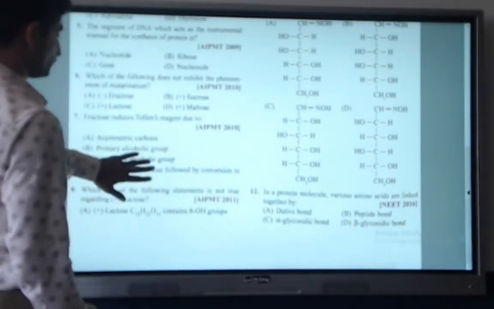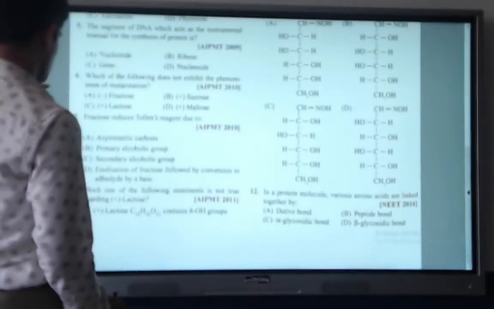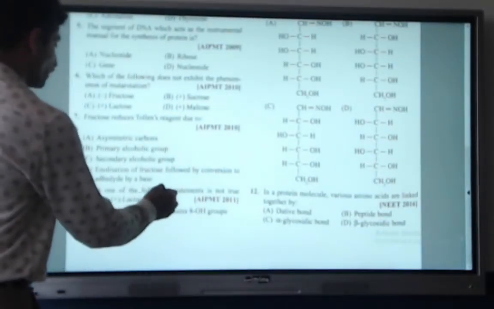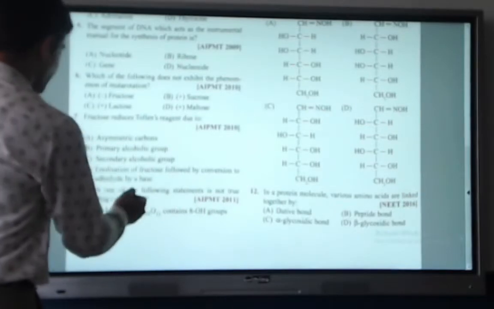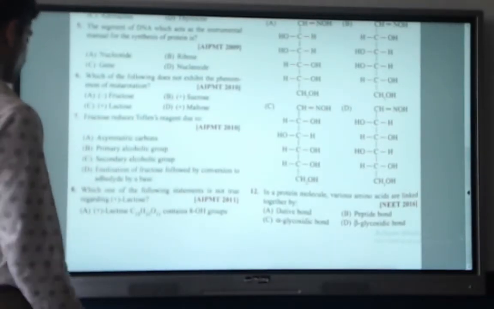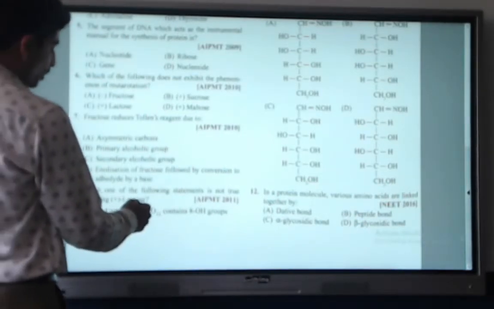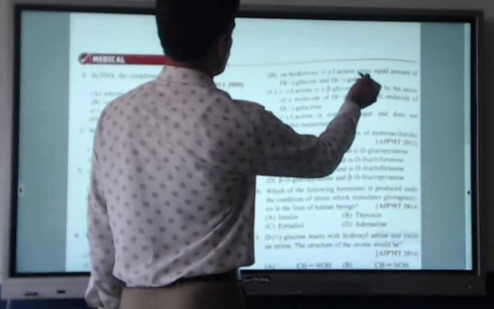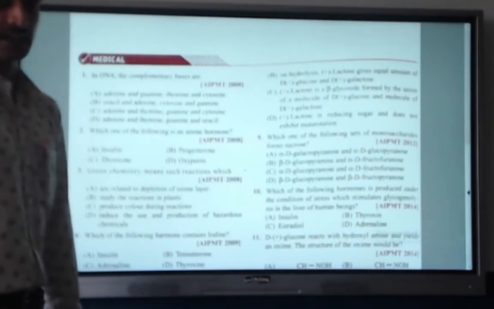Next question. Which one of the following statements is not true regarding plus, that is dextrorotatory, lactose? Option A, lactose C12H22O11 contains eight OH groups. It is correct. B, on hydrolysis lactose gives equal amounts of D-glucose and galactose.